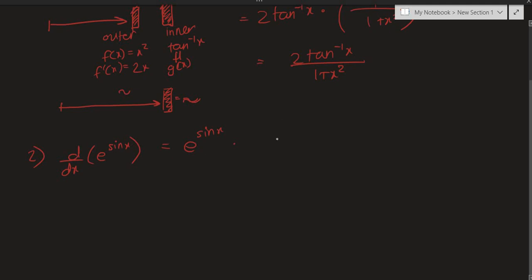What's the inner wall? The sine of x. So you differentiate the sine of x. Since the outer wall is broken, you don't need to consider that for differentiation again. So this is going to end up with e raised to sine of x times, what's the derivative of the sine of x? That's right, cosine of x.